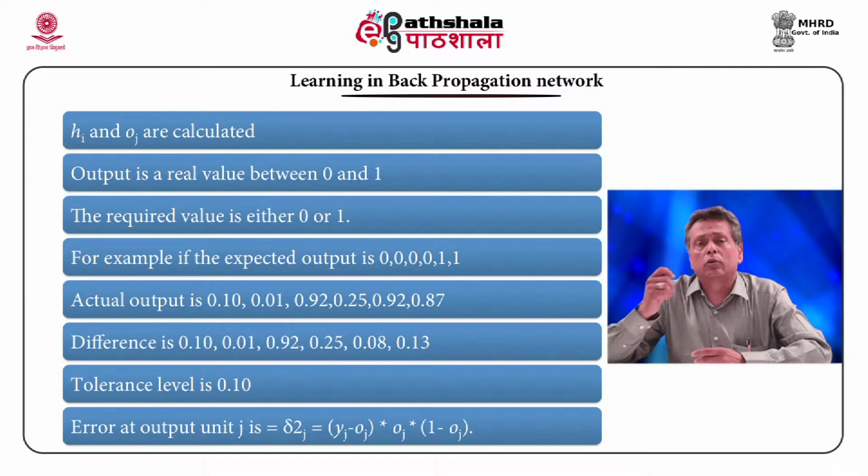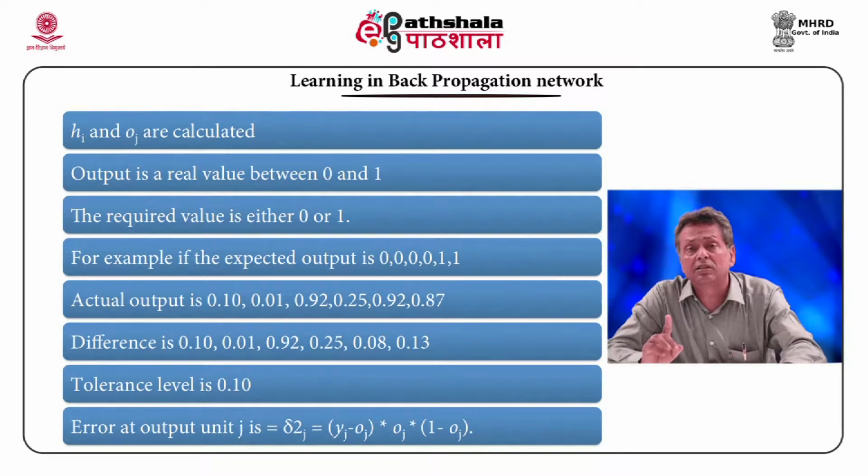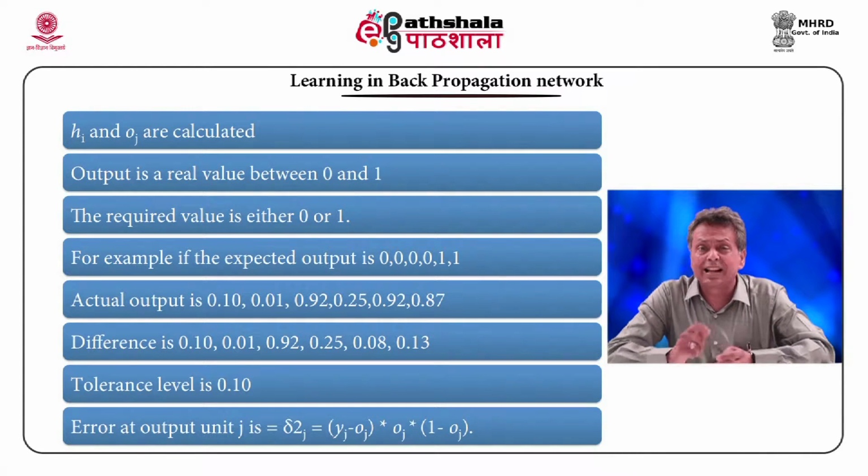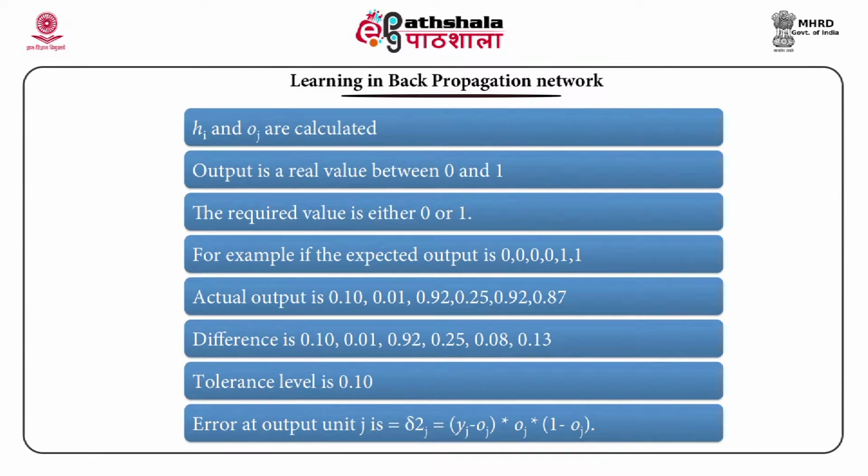The actual value is Oj and the expected value is Yj, then the difference is Yj minus Oj, okay. But this is an absolute value of error and we require to normalize it. So, we multiply that by Oj into 1 minus Oj. Why I am doing it I cannot explain, but accept this. So, it is Yj minus Oj, the absolute value of error, then you multiply it by Oj into 1 minus Oj.